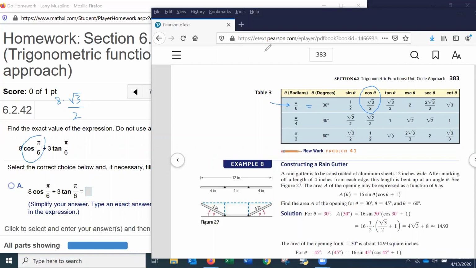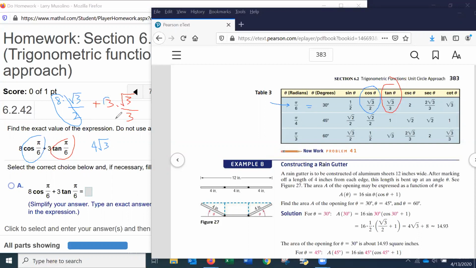All right, let me go to the next part. We want 3 times the tangent of pi over 6. Let me go check out tangent of pi over 6. It looks like the tangent is here, which is square root of 3 over 3. All right, now I can just simplify some of these fractions. In the first fraction, I have 8 over 2. That's just a 4, so 4 square root of 3.